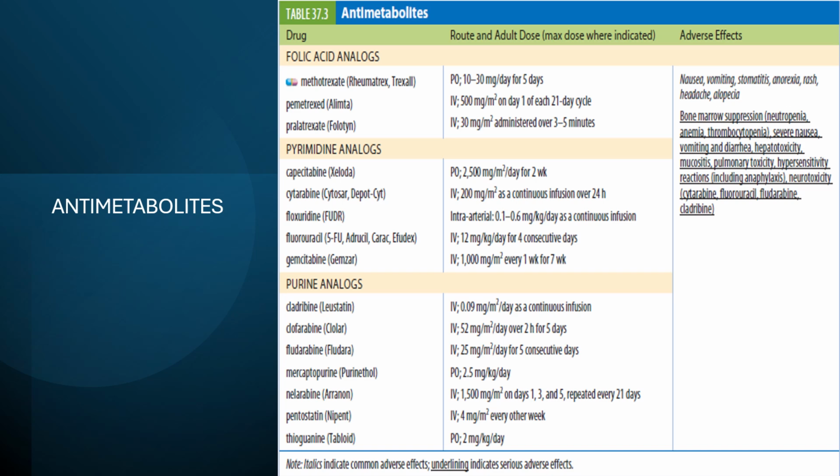Purine and pyrimidine analogs. Purine and pyrimidines are bases used in the biosynthesis of DNA and RNA. The purine and the pyrimidine analogs are drugs structurally similar to their naturally occurring counterparts.